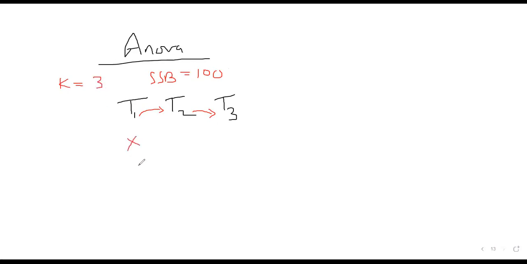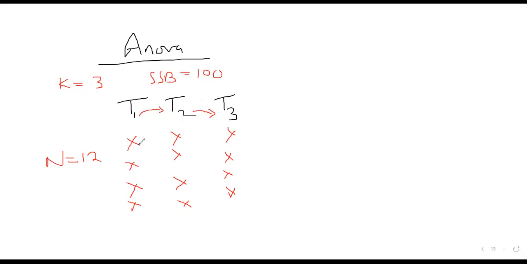Then you could have observations. Maybe here there are 4, here there are also 4, and here there are 4. These entries are called observations, and these treatments are called populations. So the total number of entries here is now 12.